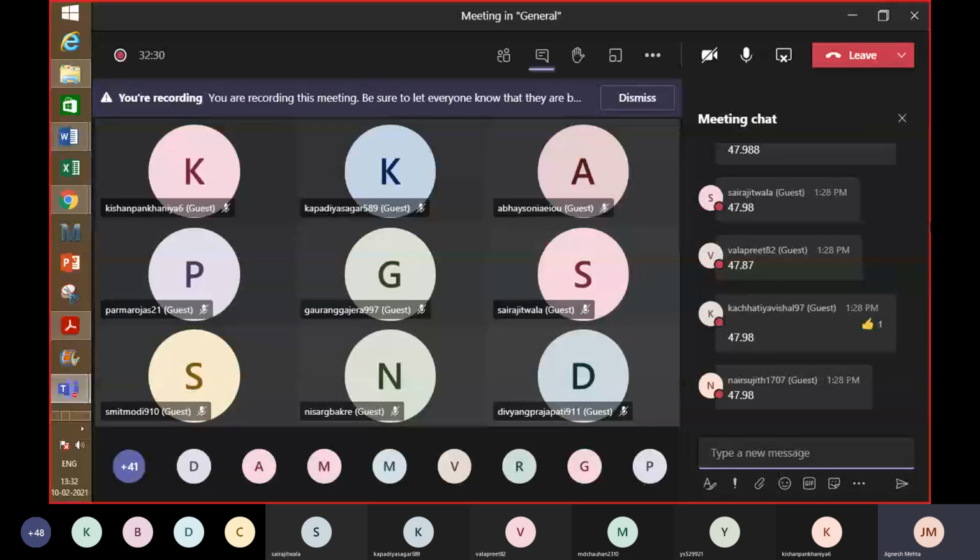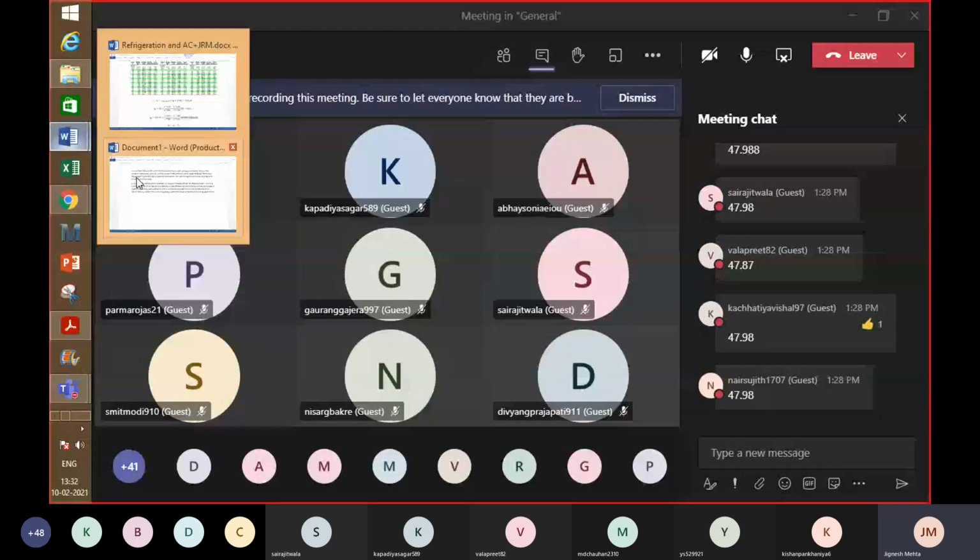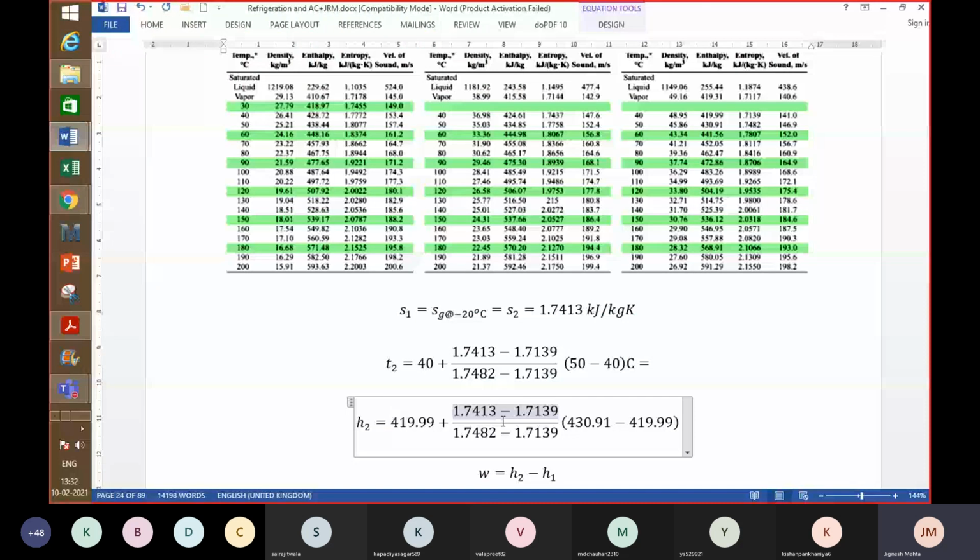What is the enthalpy H2? Which you get by, again, linear interpolation between the value at 40 and value at 50. So at 40 it is 419.99, at 50 it is 430.91, but your value is somewhere in between, which you can get with linear interpolation with the help of the entropy values.